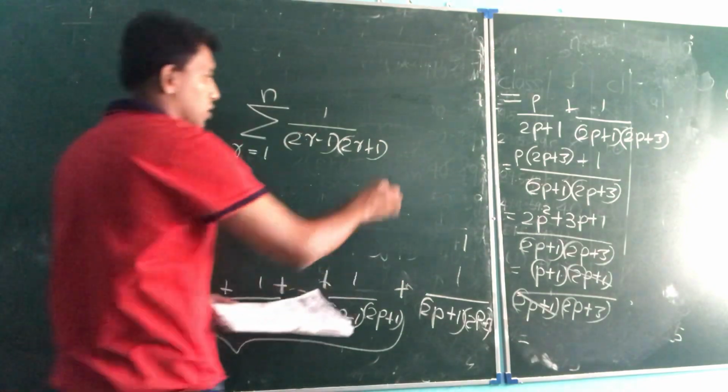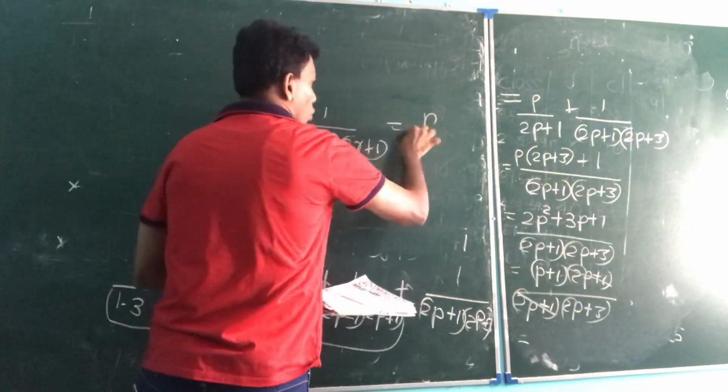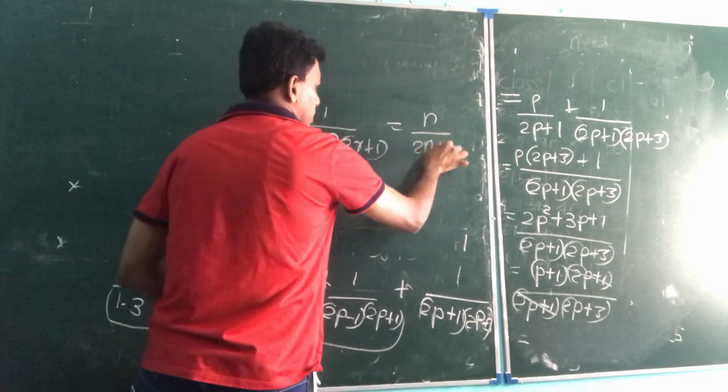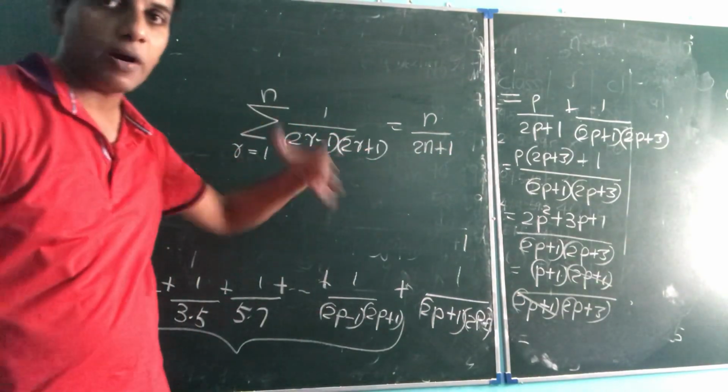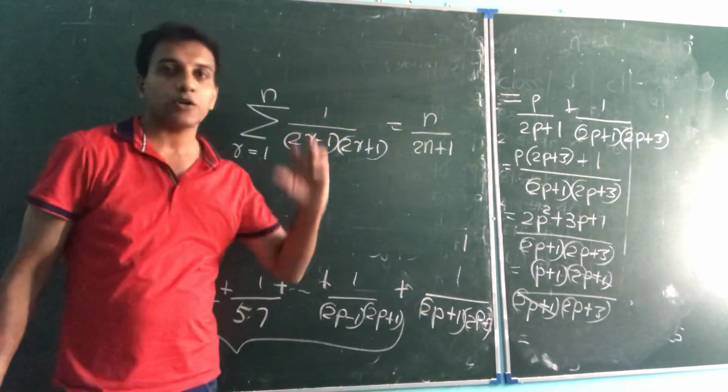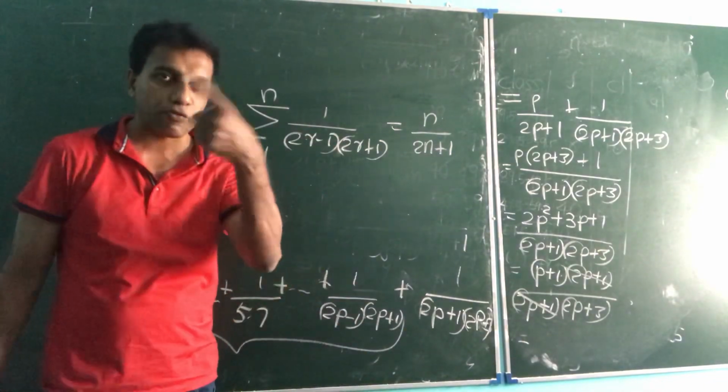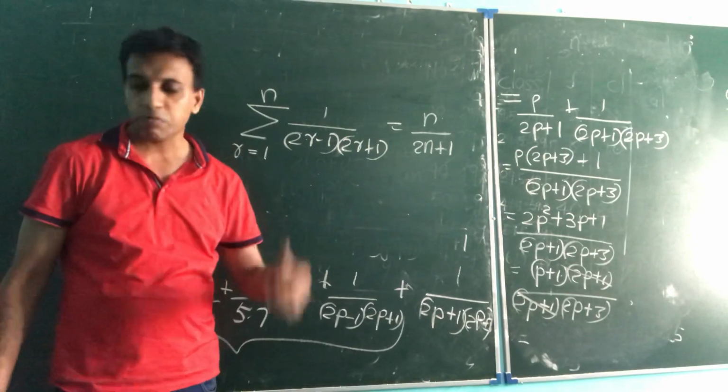This is equal to n over 2n plus 1, right? By using mathematical induction, show that. The same method I worked in a couple of questions in previous videos, the sigma notation.